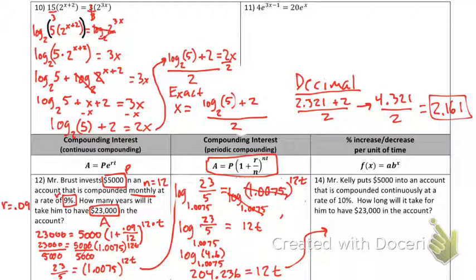It's a long problem. 204.236 equals 12t, and divide both sides by 12. And t is going to equal 17.02 years. Okay, hopefully these examples help you out, and hopefully you're doing well. Have a good one.